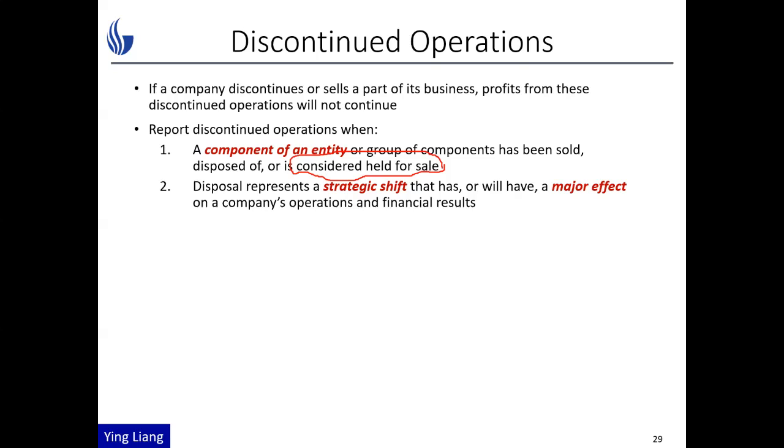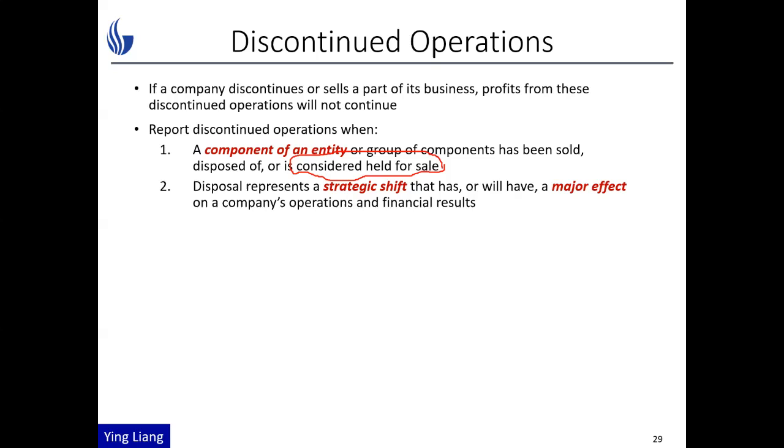For example, Motorola Home or Motorola Mobile can be pretty easily distinguished from all the other Google services, right? From the web search business. So it's fairly easy to distinguish, operationally or for financial purposes, so it qualifies as a component of the entity.